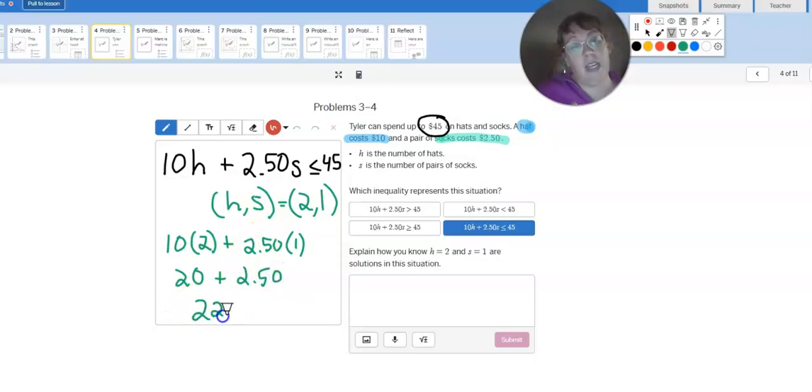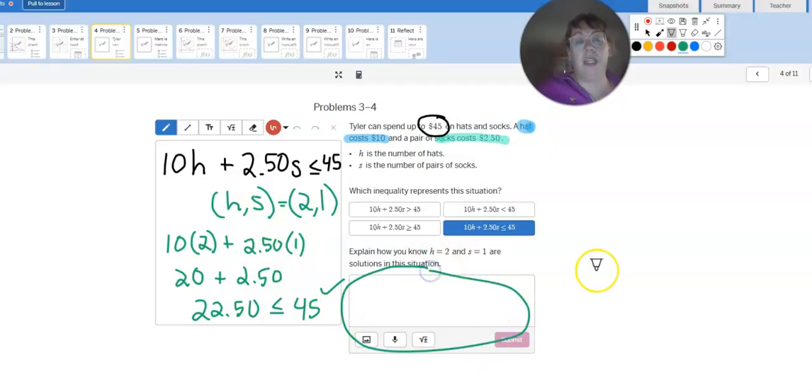And when you add those together, you get 22.50, which is less than or equal to 45. So it works. So show your work in this box. Make sure you're plugging it in there or explaining how we got to prove that it is going to be a solution. Beautiful.